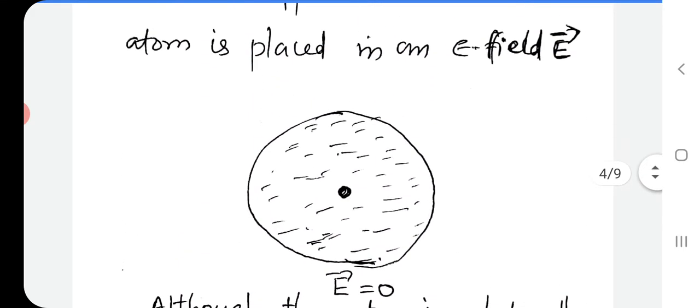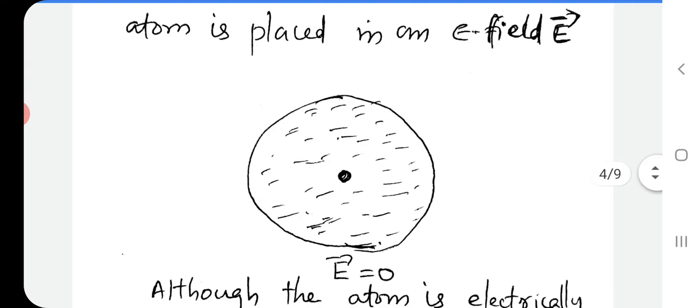So this is how an atom is: the center portion, a positively charged nucleus, and a negatively charged electron cloud surrounding it.